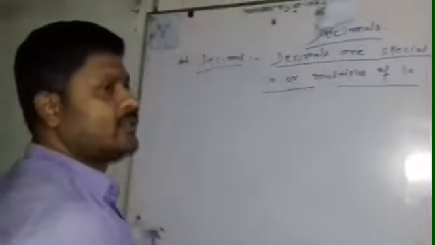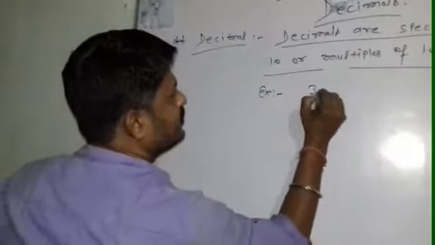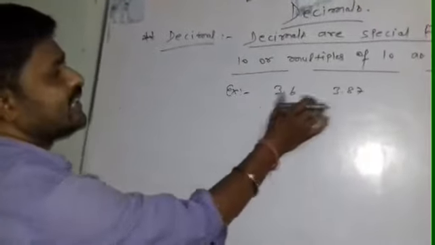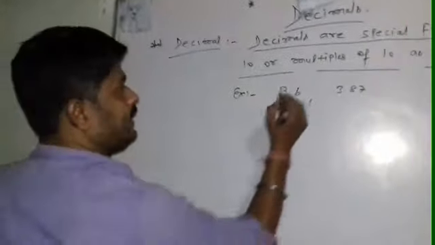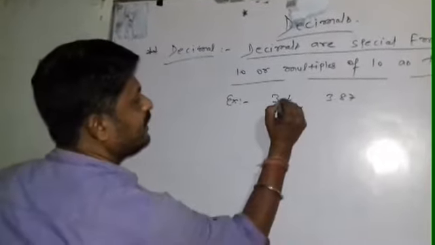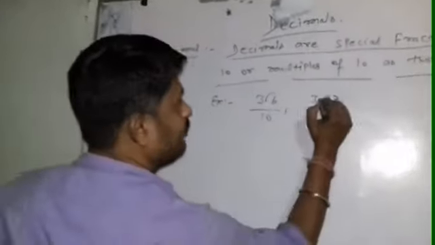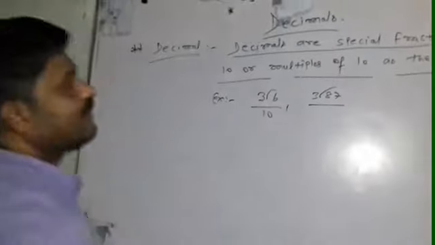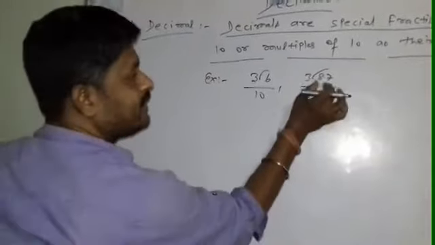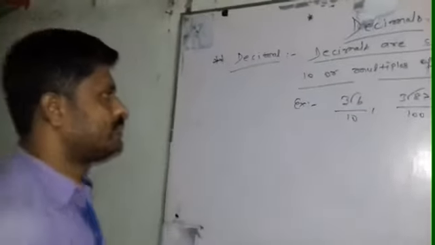Suppose, for example, 3.6 and 3.87. These are in decimal form. And when we write them as fractions, they take this form. When the decimal point is removed to write it as a fraction, there exist two zeros here.